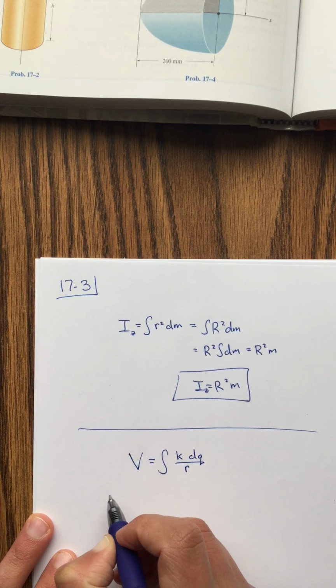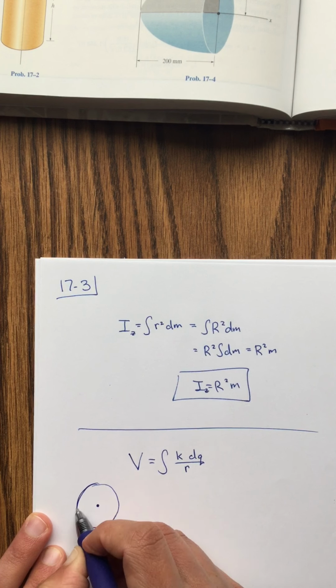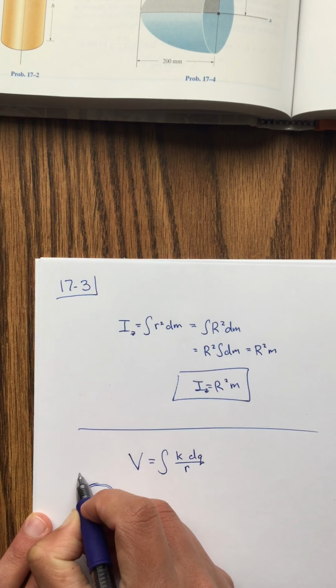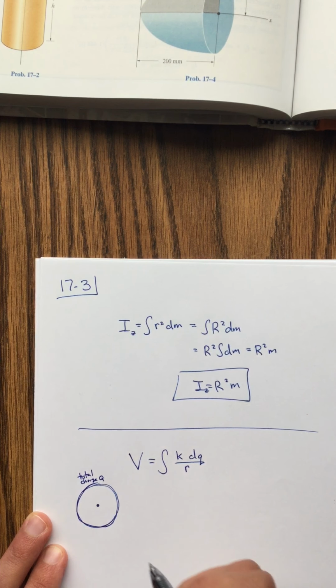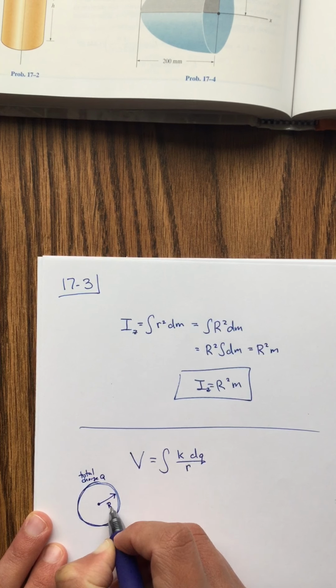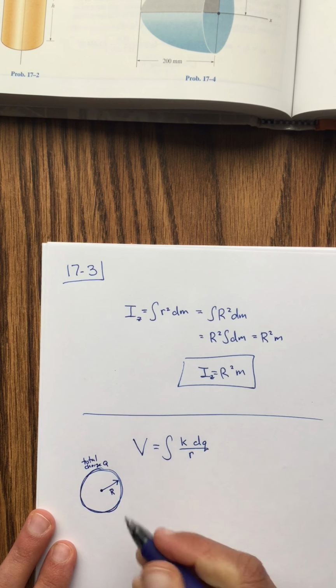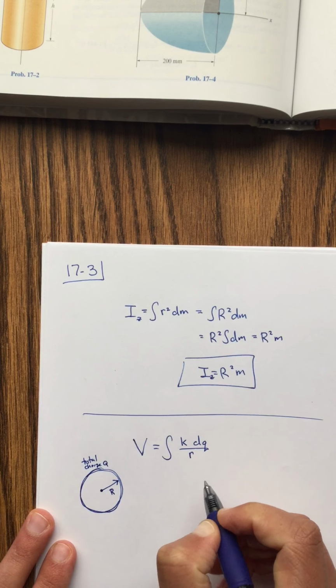If you were going to calculate the potential at this point here for a thin ring that has a total charge Q and the radius of the thin ring is R, once again, little r is always equal to capital R since all of the charge is at the same distance from our point of interest here.